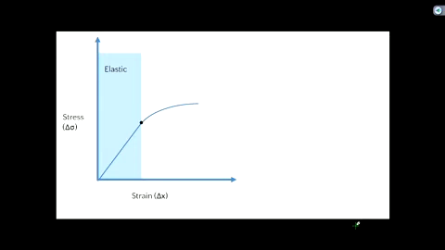So think of a plastic fork. You take your finger and you start pushing. You can measure the stress, how much force you apply, and on the x-axis, strain is how far it moves. A plastic fork will move, and then when you let go of it, it'll go back to its original shape, or at least close to it. So that's a pretty elastic material.